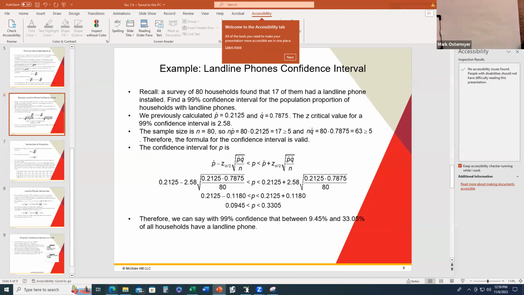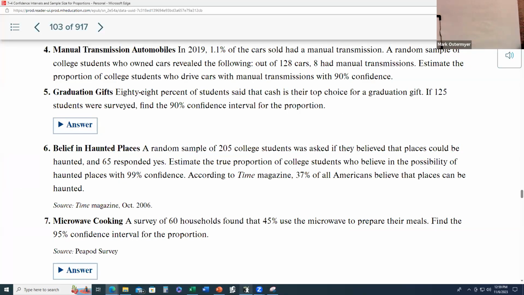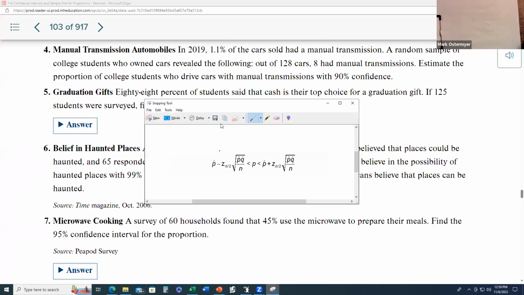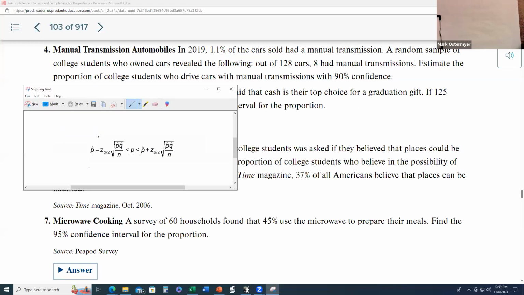Okay, let's go back to the textbook now. All right, that's the manual way of constructing the confidence interval. I want you to do this manually and also using your one prop z int function on the calculator.